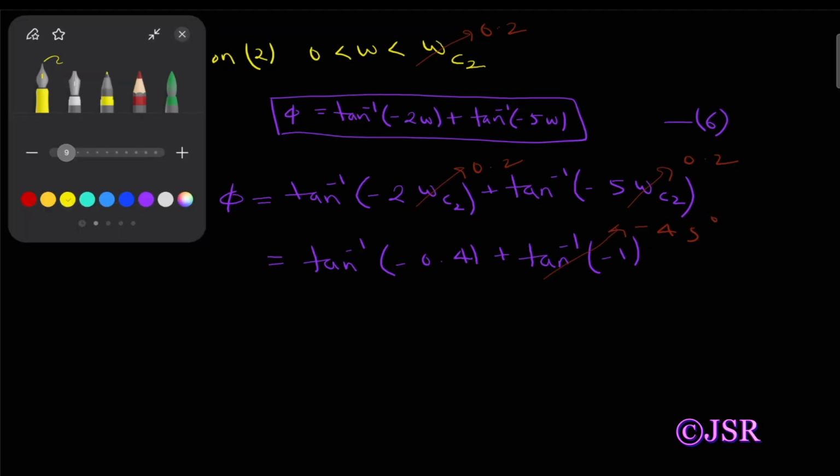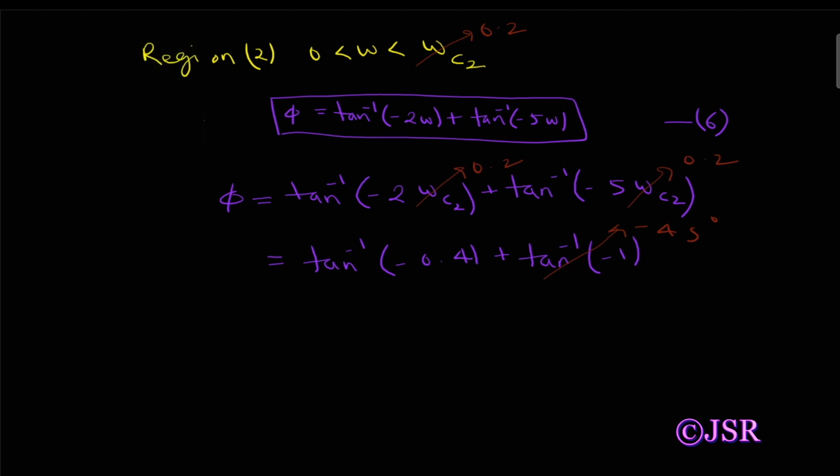So overall the phi will be equal to minus 21.8 degree minus 45 degree, which is minus 66.8 degree.